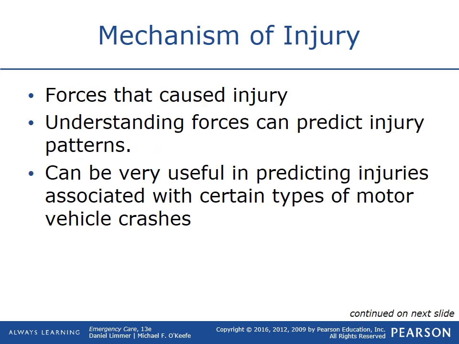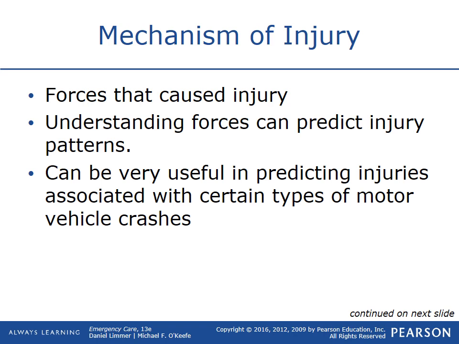So mechanism of injury. These are the forces that cause the injury. Understanding these forces can predict injury patterns. Look on page 270, and there's a picture there of mechanism of injuries to specific parts of the body and what type of injuries can happen. So learn to understand these forces and predict the patterns.